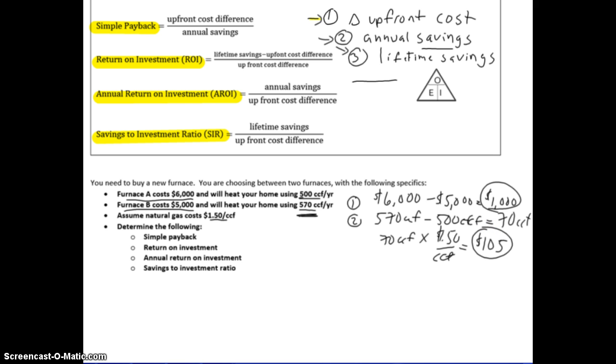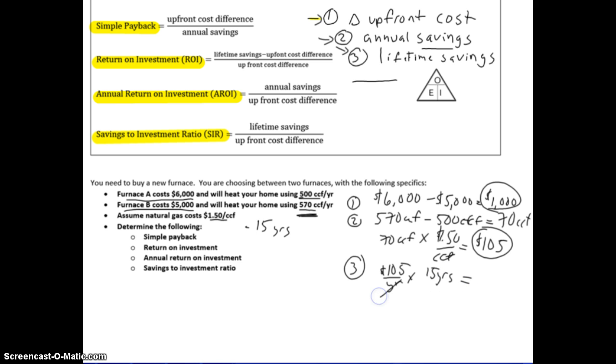So let's circle these. Now let's do the lifetime savings. For this, we need to figure out how long these furnaces will last. Let's just assume that these are going to last, say, 15 years. In this case, for our lifetime savings, we're saving $105 per year times 15 years, and that's it.